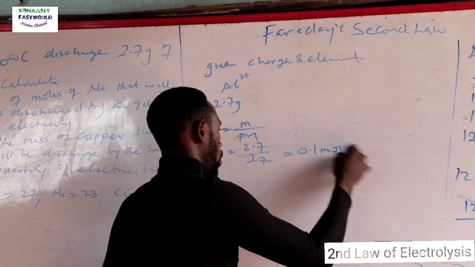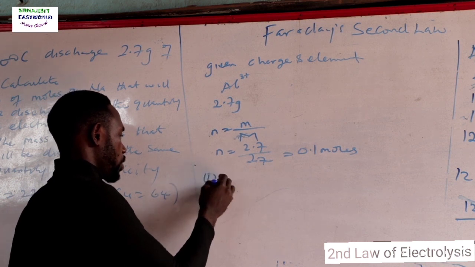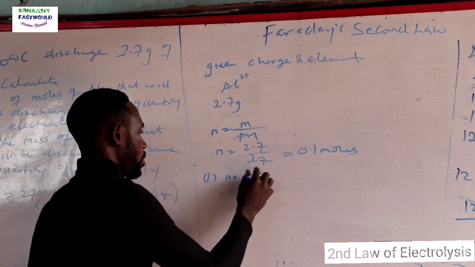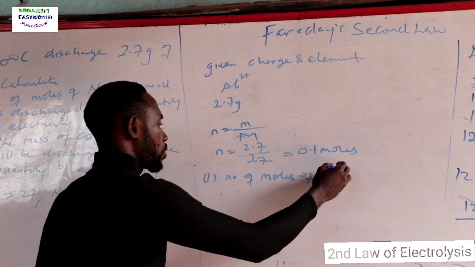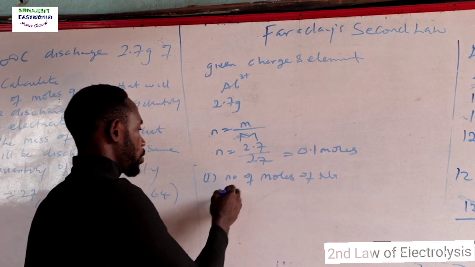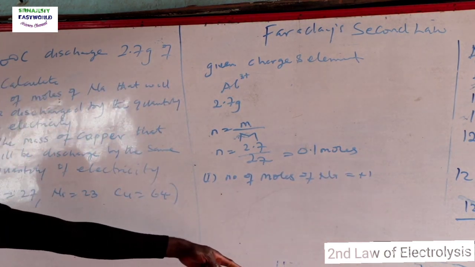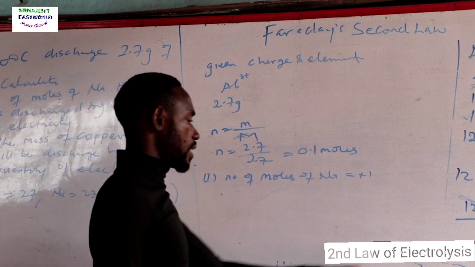So 0.1 moles of what? Aluminium was provided. Then question I, that's the first question. They say number of moles of sodium. What's the charge on sodium, class? The charge on sodium is plus 1. Then you go to our X factor, which says that X is equal to the moles of monovalent times 1.